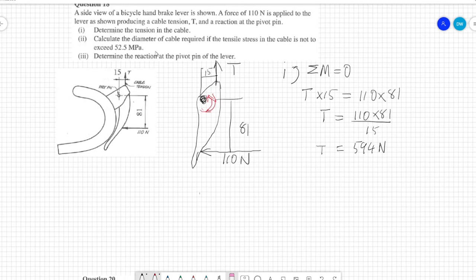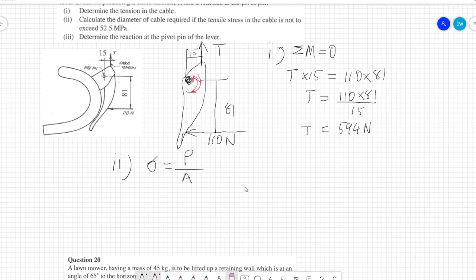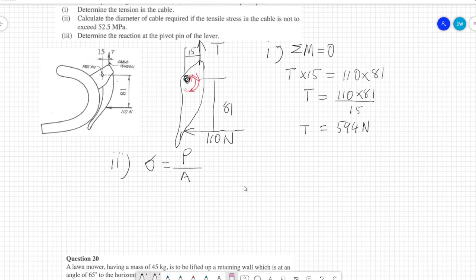Now we need to find the diameter of the cable if the tensile stress cannot exceed 52.5 megapascals. So what is stress? If you remember, stress is a force divided by area, isn't it? So it's basically the amount of force on each unit of area.